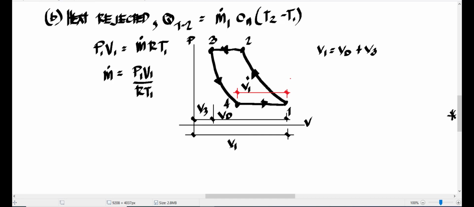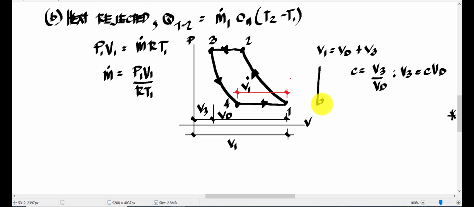And we still remember that our V3 can also be expressed from our clearance, if you can still remember this one. So we have your V3 divided by your VD. So we can express your V3 by multiplying the volume displaced by the clearance. So V3 is equal to the clearance times the volume displaced.